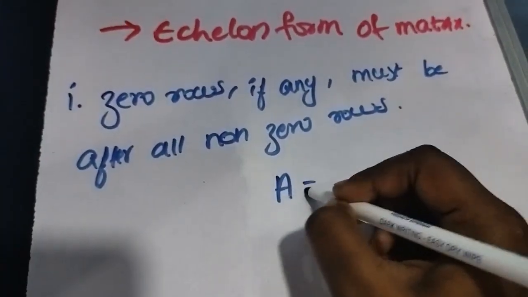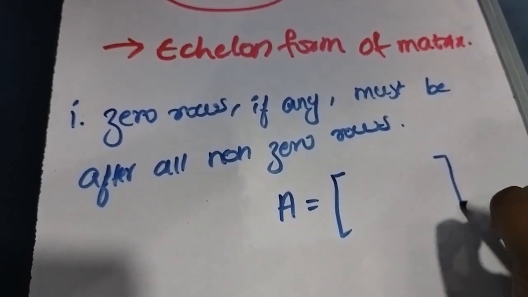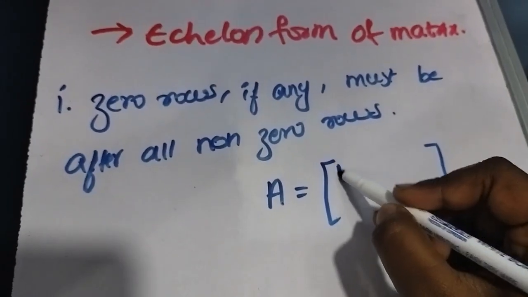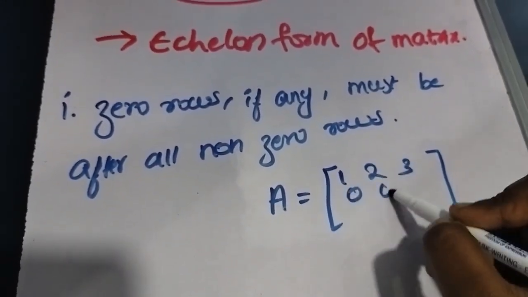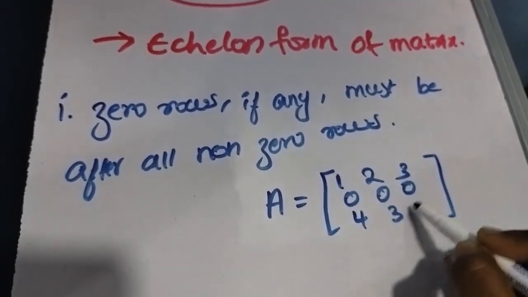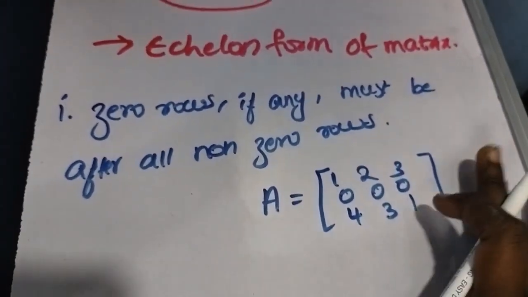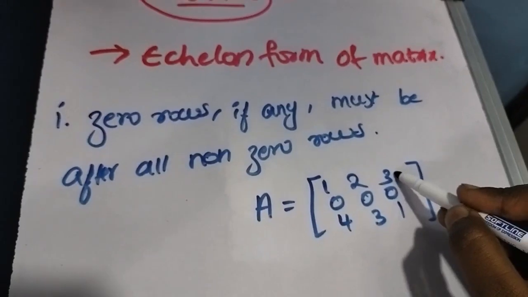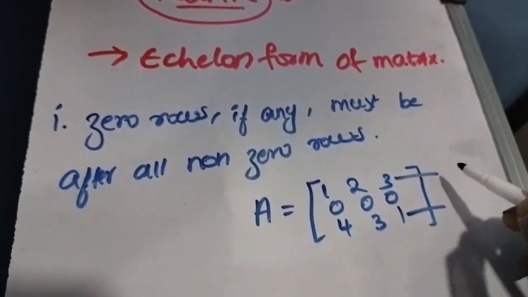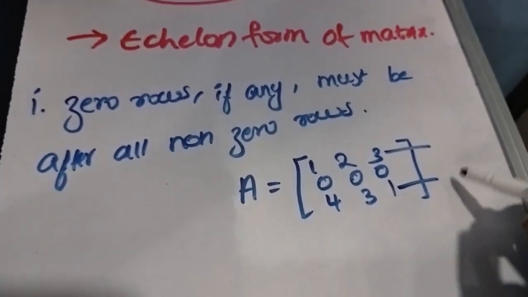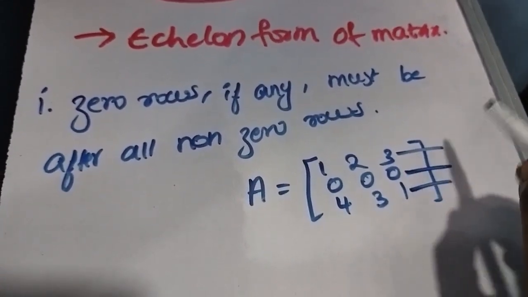Suppose A is a matrix which is like this: 1 2 3, 0 0 0, 4 3 1. In this case, the first row and third row are non-zero rows. The second row is a zero row.